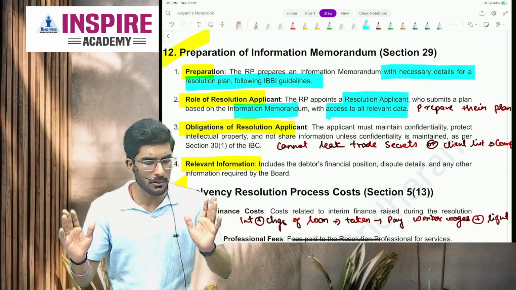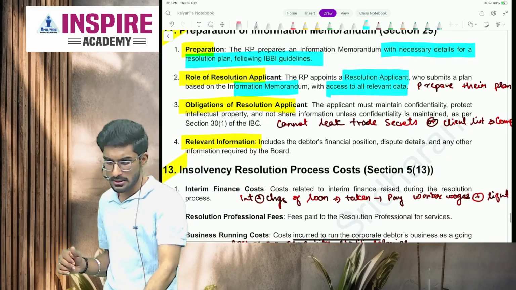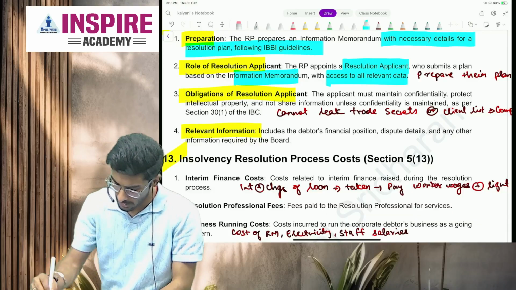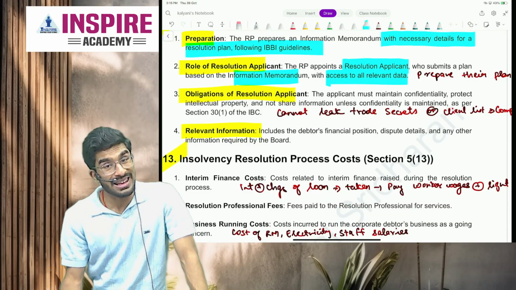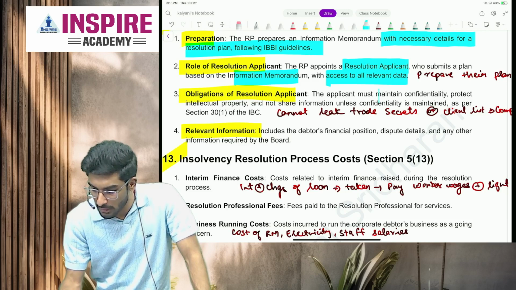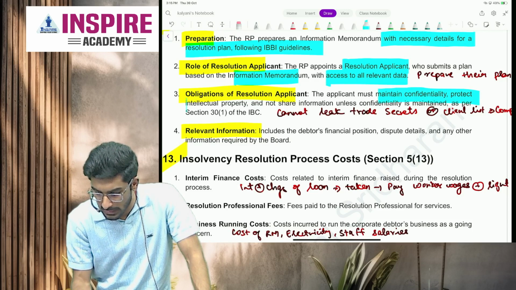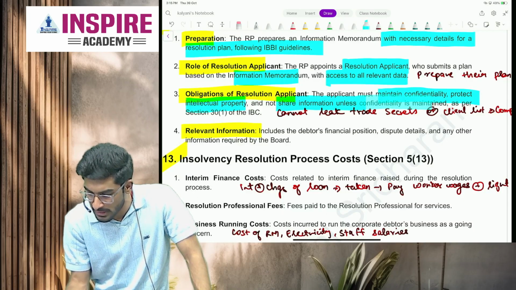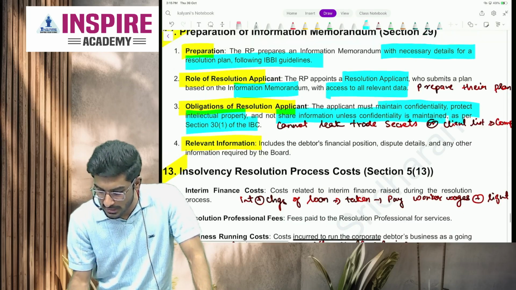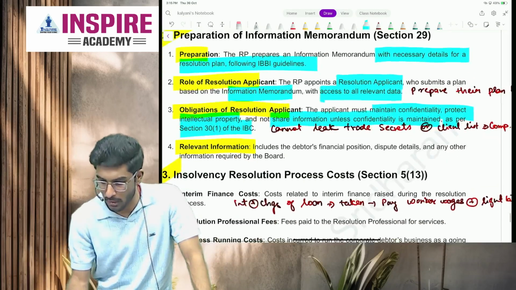Very easy, people. Okay. And number 3 is obligations of resolution applicant. The applicant must maintain confidentiality, protect IP, and not share information unless confidentiality is maintained as per Section 30 subsection 1 of IBC.